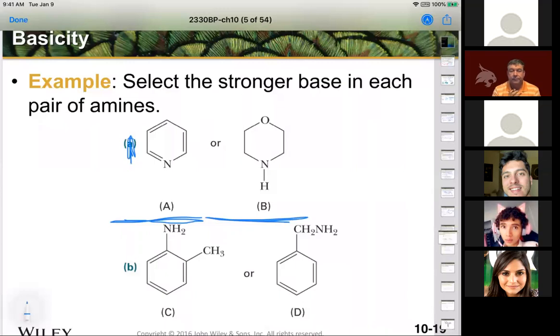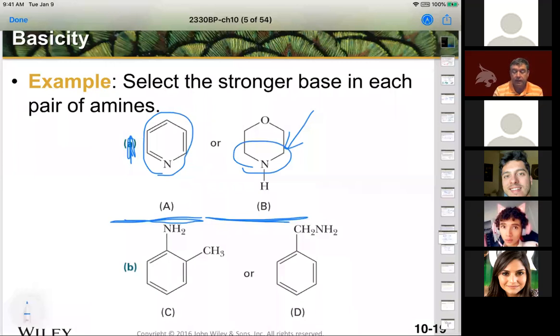Okay. So one looks kind of like maybe an aromatic amine, and one looks kind of like an aliphatic cyclic amine. So yeah, lots of B's there. You are correct, because the aromatic amines all are less basic than our aliphatic amines, even in that ring structure. So because this is an aliphatic, even though it's a ring, it is going to be the stronger base.